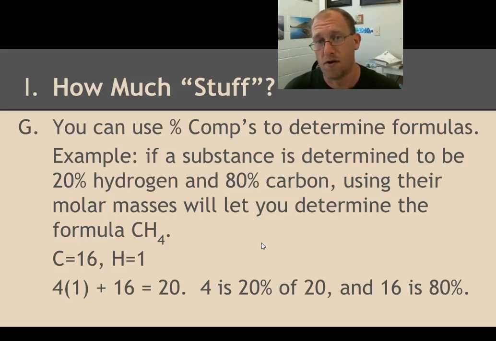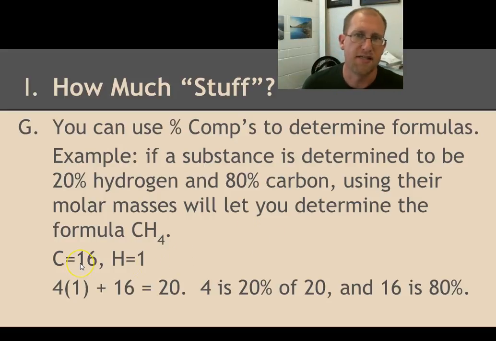Now this is a little bit harder, and this will probably take you a couple of whacks at before you understand, but that's okay. So the example here, if a substance is determined to be 20% hydrogen and 80% carbon, using their molar masses will let you determine the formula is CH4, and I'll show you here how to do it this direction.